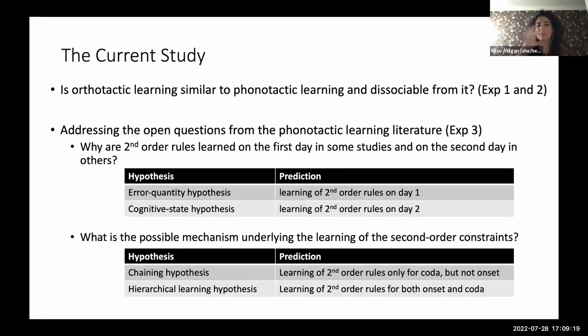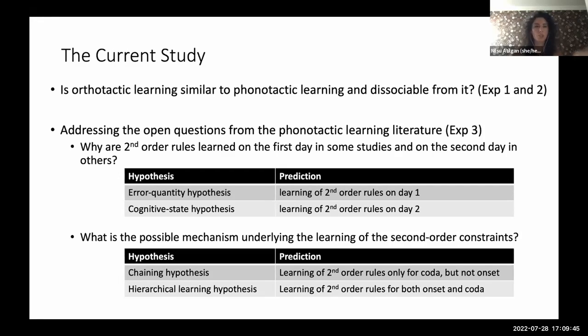For this hypothesis, the prediction would be learning of second order orthotactic rules only for coda position, but not the onset. Another possibility is that constraints are learned hierarchically, which means learning relative to a frame, and this would lead to the hierarchical learning hypothesis, and the prediction would be learning of second order rules for both onset and coda position in a similar way.